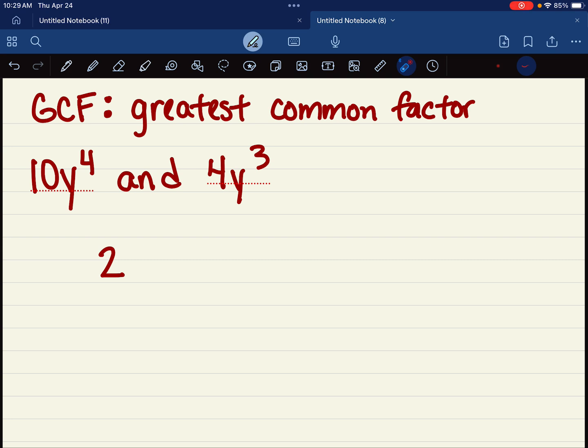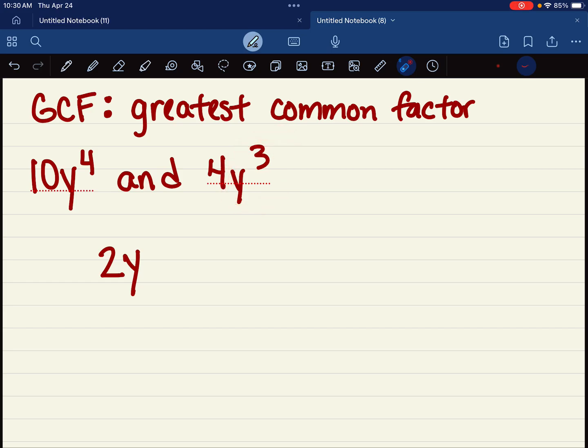Does anyone know what the biggest variable I could take away from y to the fourth and y to the third would be? Definitely not x. Y. Okay, that's a start. I can take y. So I have y to the fourth and I have y to the third. What's the most I can take from those two? So I can take y to the third.